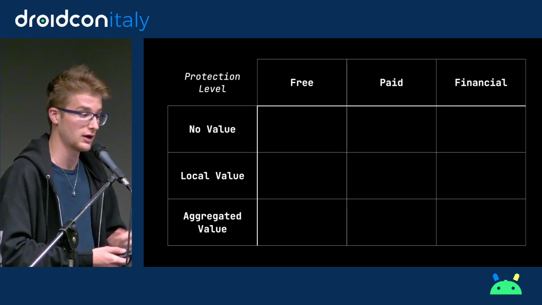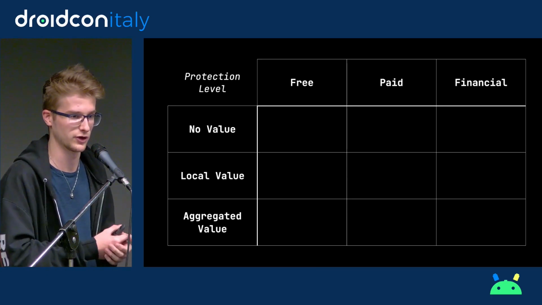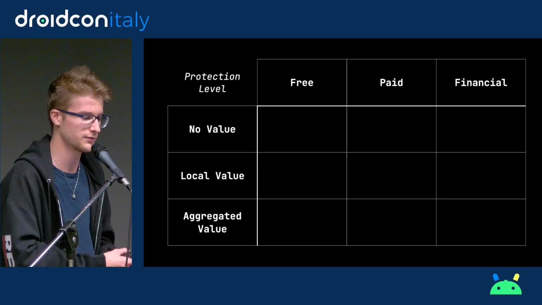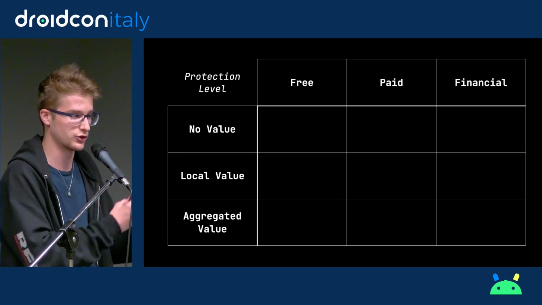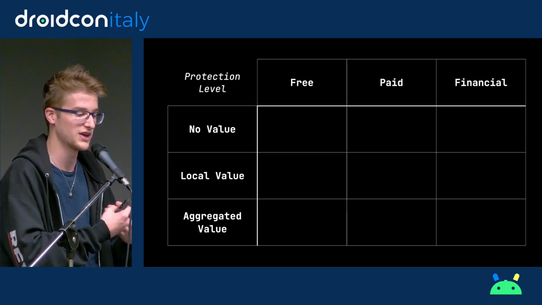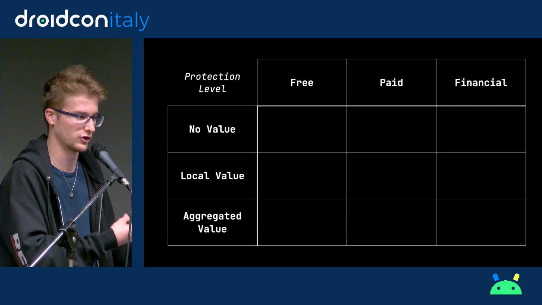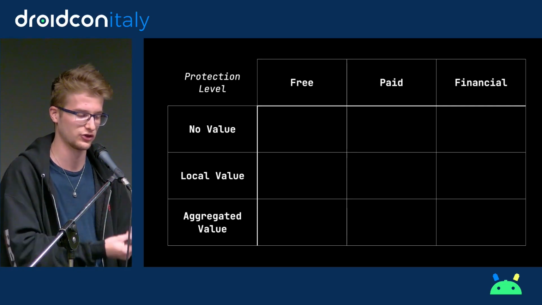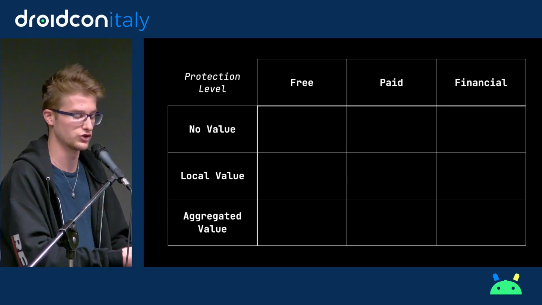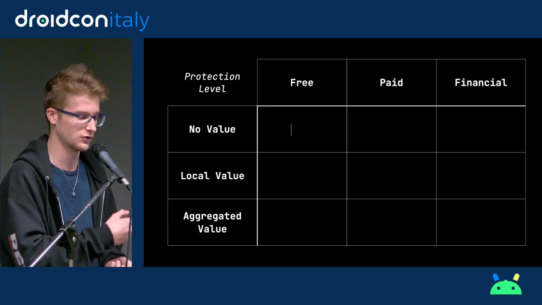On the columns, we have free, paid, or financial. Free means the software is free of charge. Paid means you have to pay to download it or have in-app transactions. Financial means it actually deals with money, like banking software, or something that maybe doesn't cost you money directly but deals with your money, which is a harder use case.